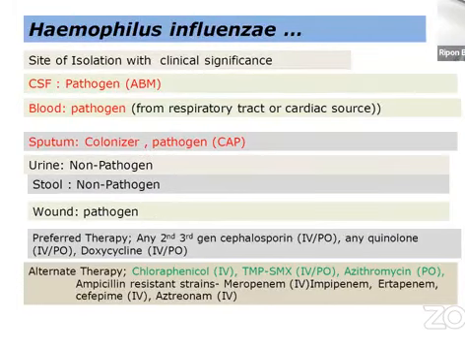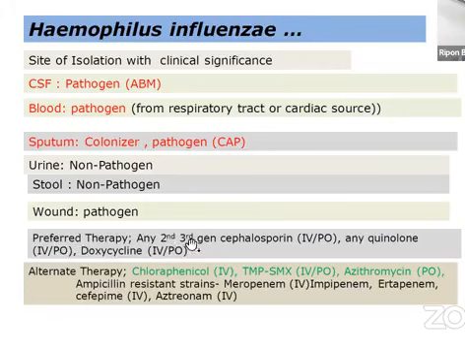Now, Haemophilus influenzae. They are pathogenic when isolated from CSF, blood, but mostly they are non-pathogenic in wound, stool, urine, but sometimes they may be pathogenic and they can cause community acquired pneumonia.